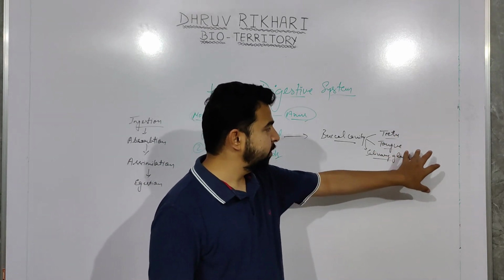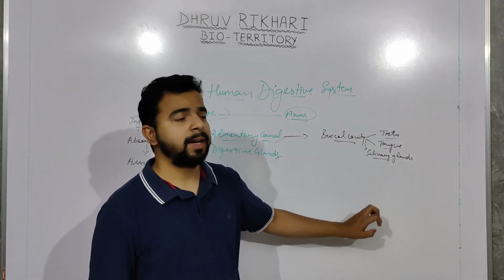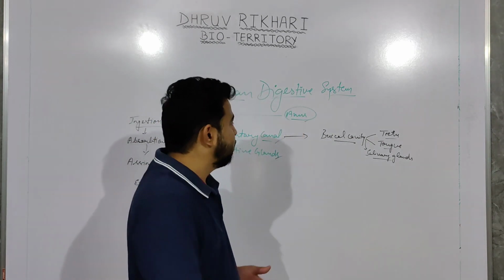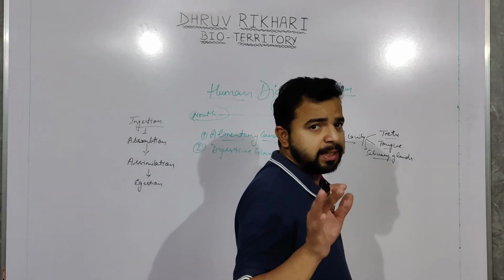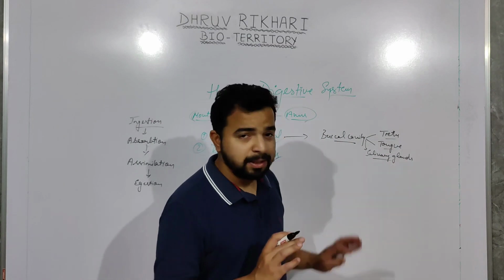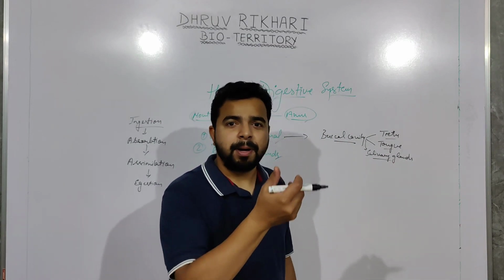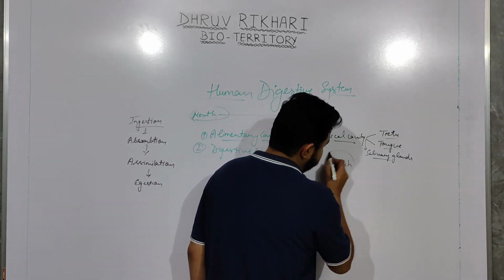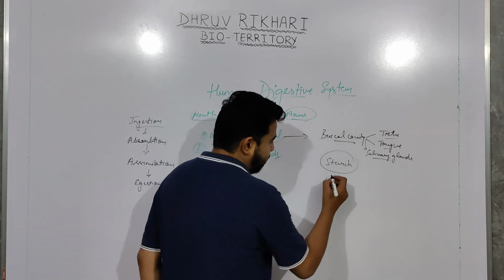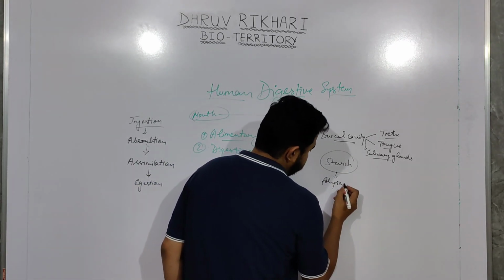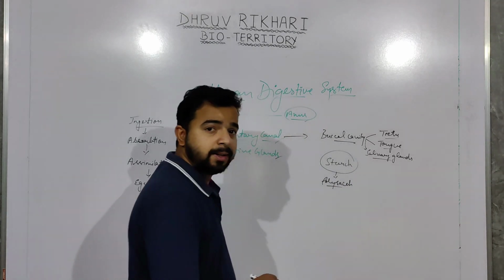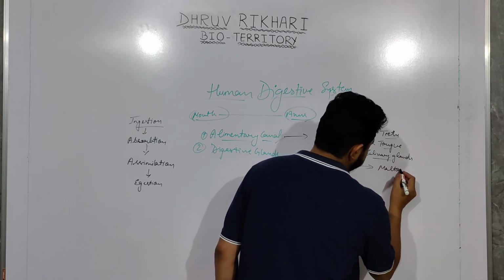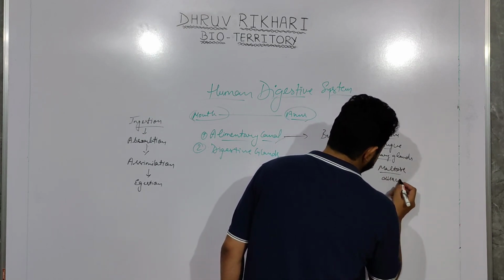Teeth, tongue, salivary glands, all these are involved in mastication, and they turn the food into a chyme. When the chyme is formed, it is basically partially digested food. If we take the example of starch, which is a complex form, starch is a polysaccharide, and when mastication takes place and the chyme is formed, it gets converted into maltose, which is a disaccharide form.